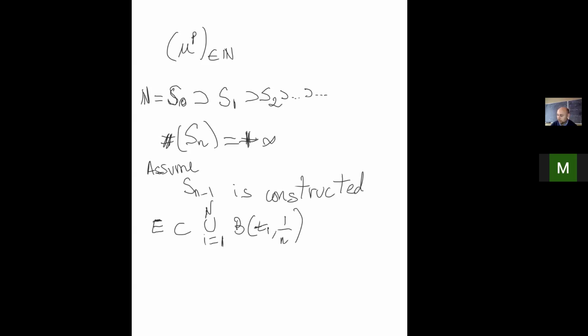The lowercase n here is related with my set S n minus 1. I can do that because E is a compact set, so I can cover it with a finite number of balls.